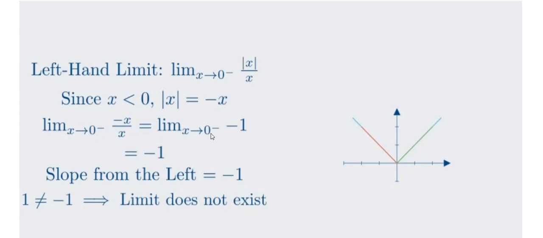So on the left side we have minus 1, but on the right side we have 1. Means the left hand derivative and right hand derivative are not equal, therefore this is a corner point. You can get the rate, the per unit change in the output, like that.